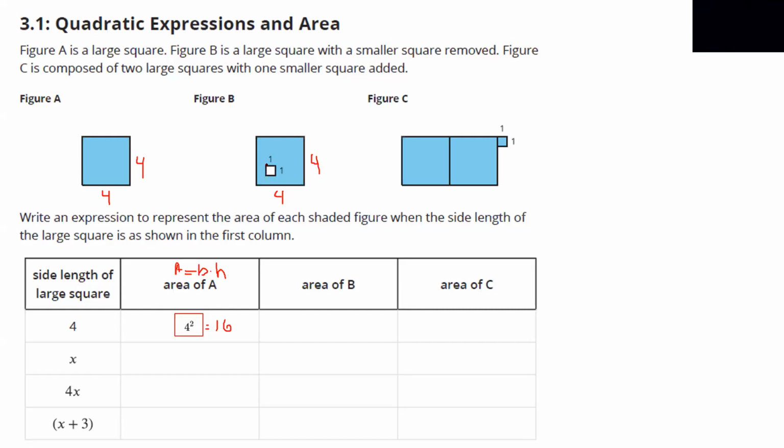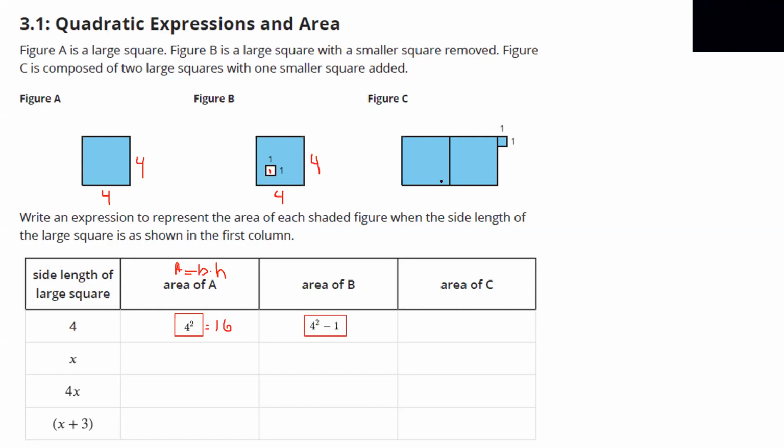We first find the area of this small square, which is base times height, so the area of this square is 1. So the area of this entire figure would be 4 squared minus the area of this small square, which is 1. So we get 4 squared minus 1.